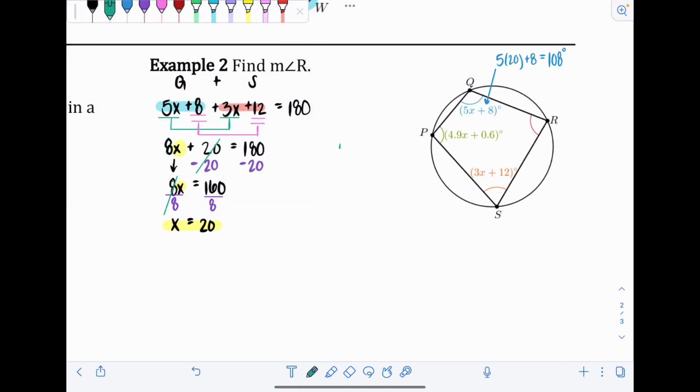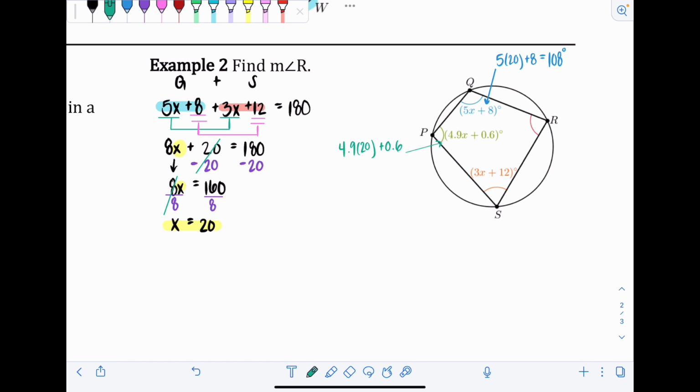So for P, it would be 4.9 times 20 for x plus 0.6. So 4.9 times 20 is 98, and then plus 0.6 is 98.6.